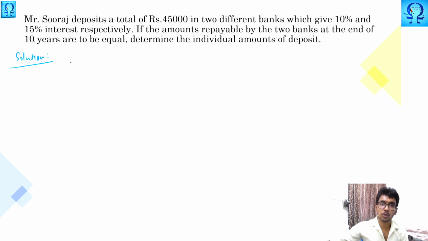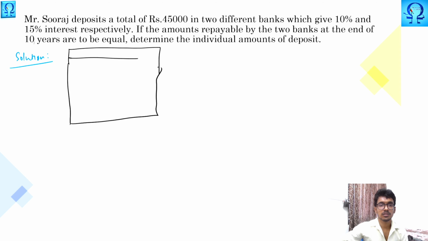So let us try to make a table and see what actually he does. Okay, bear with me for the bad writing over here. So here let us talk for bank 1 and let us talk for bank 2. Initially you don't know what is the amount he deposits in bank 1.